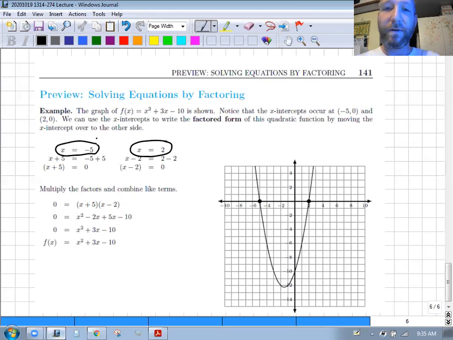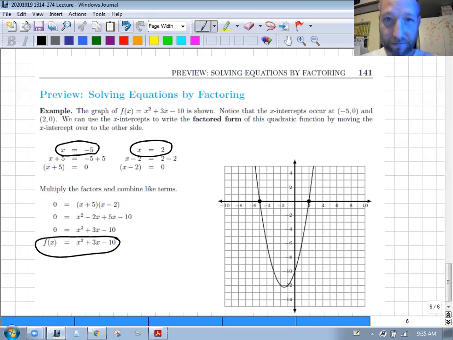So if you take x equals minus 5 and add 5 to both sides, you get x plus 5 equals 0 and x minus 2 equals 0. So what they're saying here is that this guy's solutions are at minus 5 and 2. Well, it's x-intercepts.